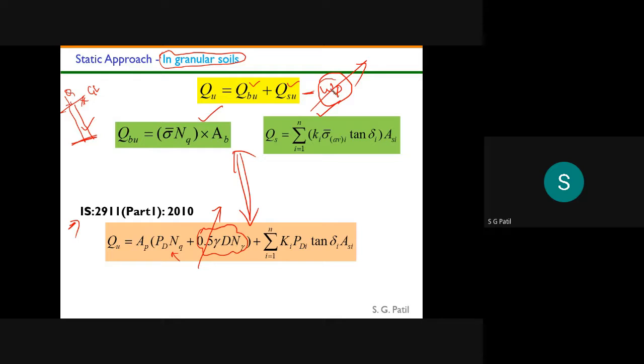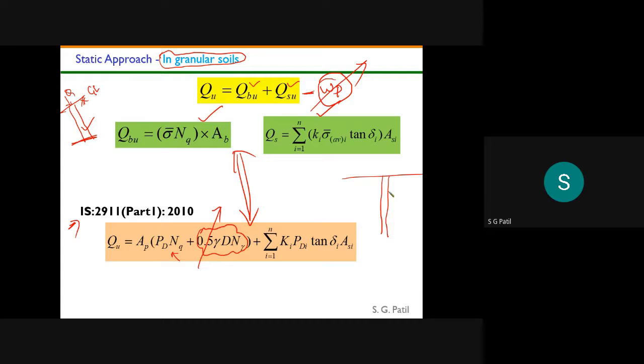But if you go to offshore structures, what will happen? Your pile will be kilometers long because the depth of the sea will be very, very high. The depth is relatively higher in offshore structures, so you can't neglect this weight, because the weight of the pile will be significant.